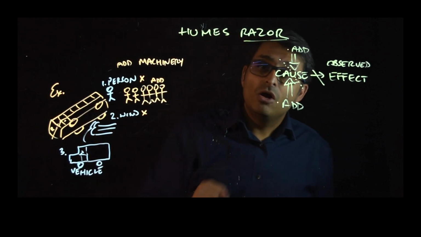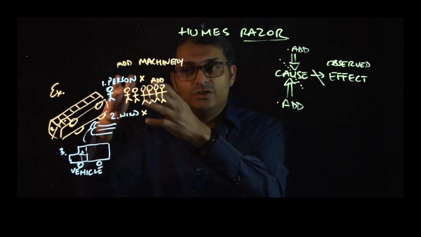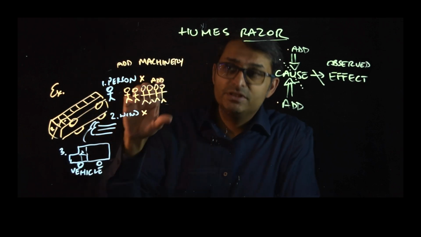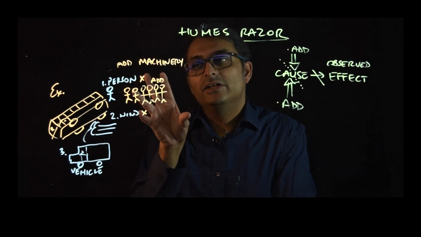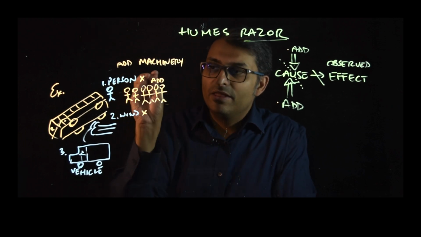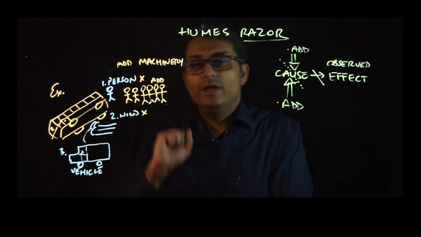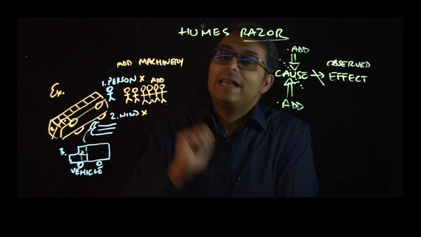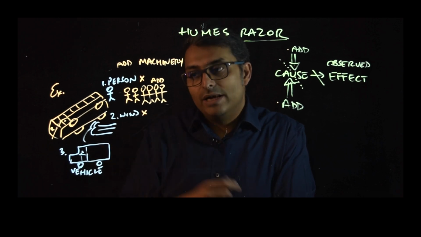So that's where Hume's razor is a little bit different from the other razors. It helps you to eliminate items, but it also provides this sort of detective angle as well, as how can we make that cause sufficient? Well, if this were true, then actually this cause would be a bit more relevant.